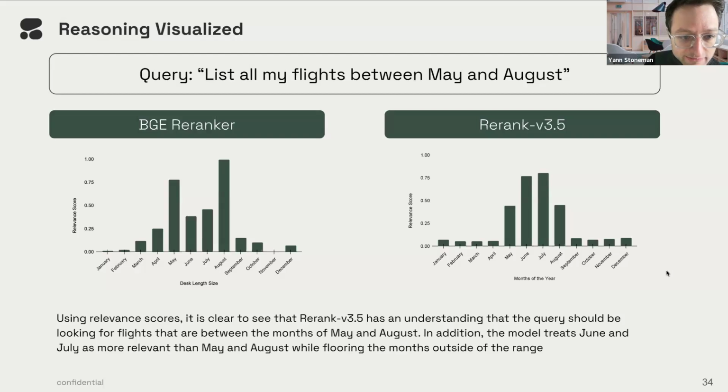It understands that between May and August includes May and August. It picks up on very nuanced things. If it said exclusive of, I would want to test that, but I think it could understand that, and then not include May and August.